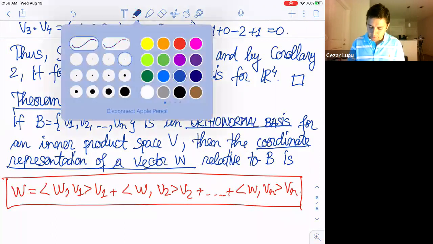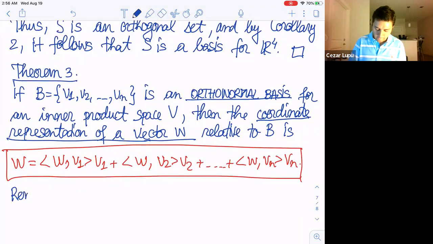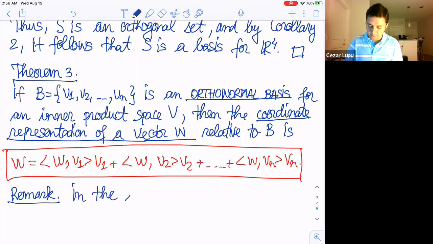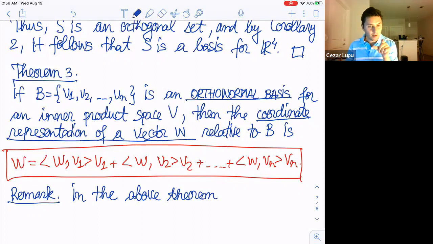Well, here I want to point out a remark. In the above theorem, again, this is very important, if you look at these coefficients, they actually are very important.